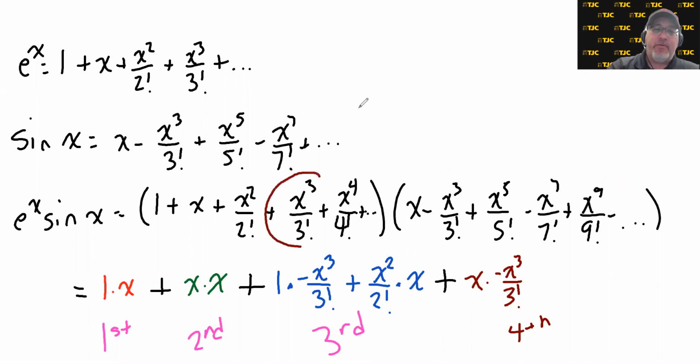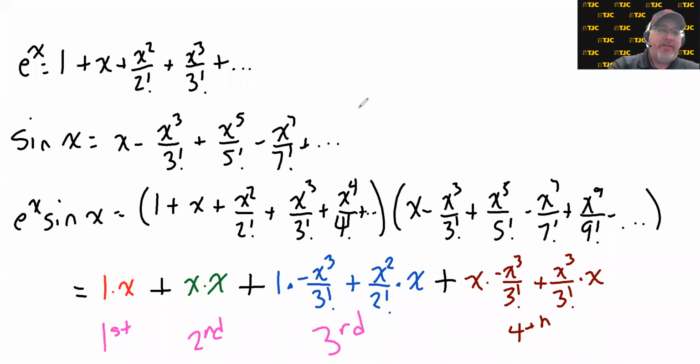What about the x cubed over 3 factorial? Is there a term in the second factor that will bring that up to x to the fourth? Yes. We have plus x cubed over 3 factorial times x. And that is the last pair of terms that will give us a fourth degree term in our product.